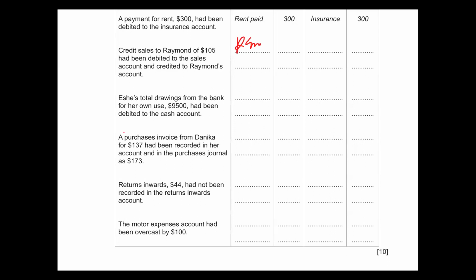Debit Raymond and credit which account? Credit the sales account with the amount. Is that clear? Anyone with a question? Write the amount in the column for the amount.